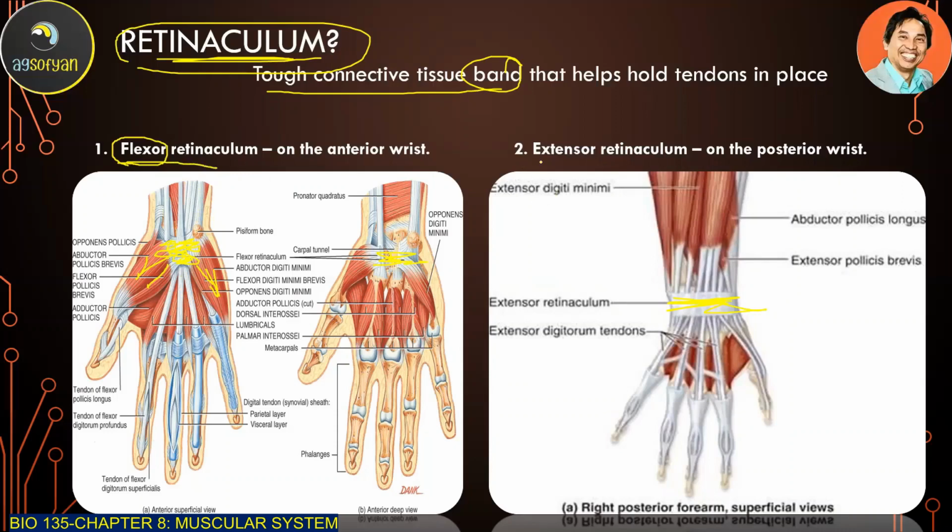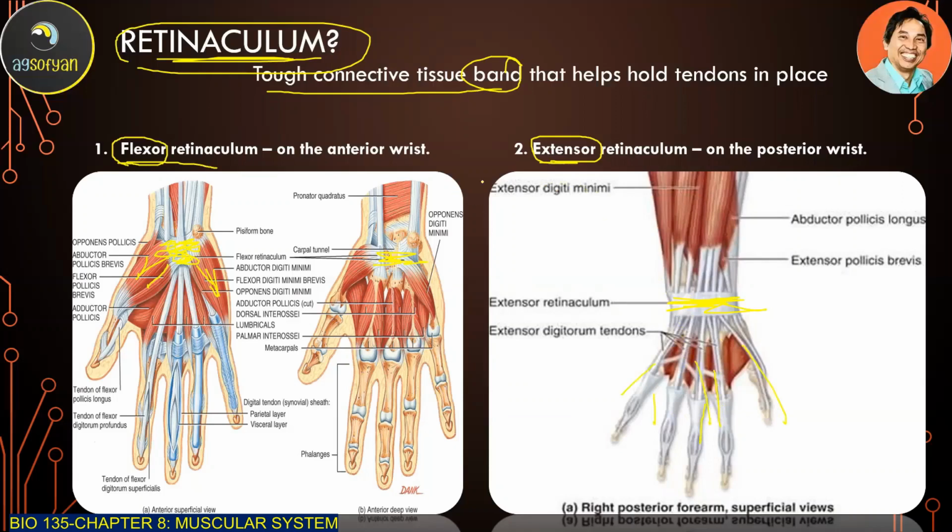On the other side, if you look at the back of your hand, then under the skin on the wrist there is another retinaculum. It's called the extensor retinaculum, because it holds the muscle tendons that are able to extend your finger, to open your finger.